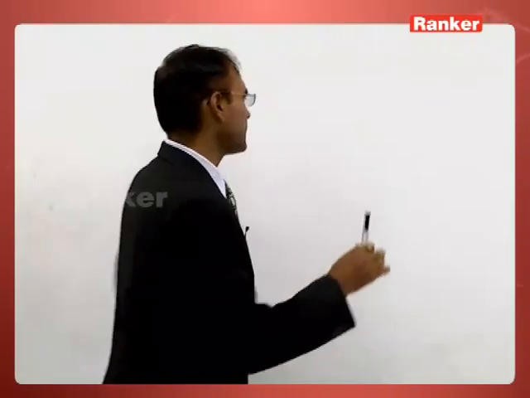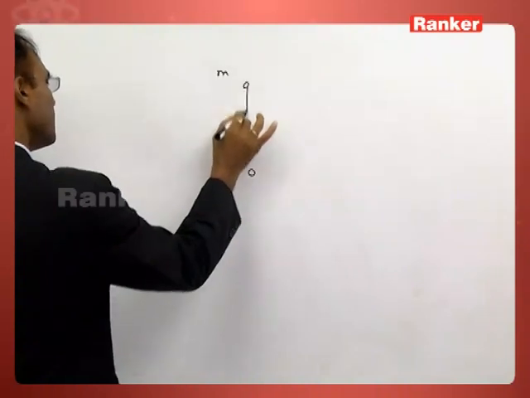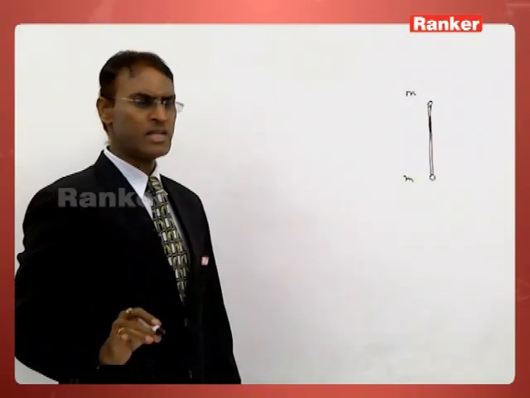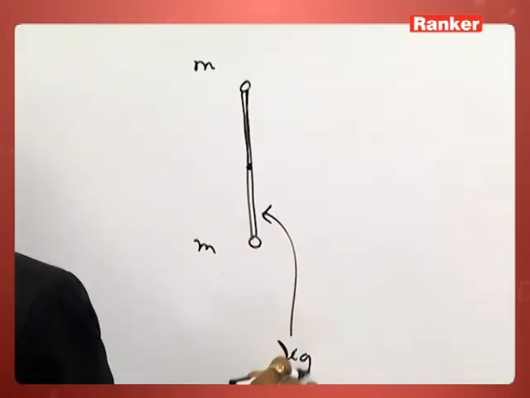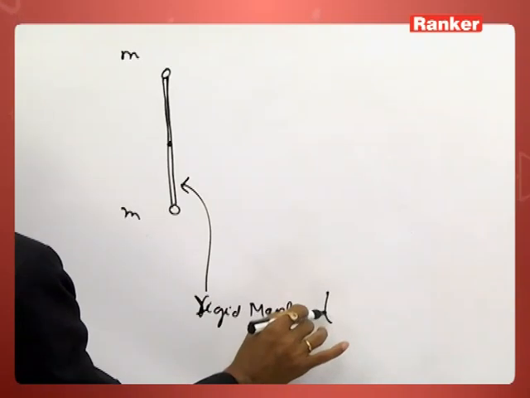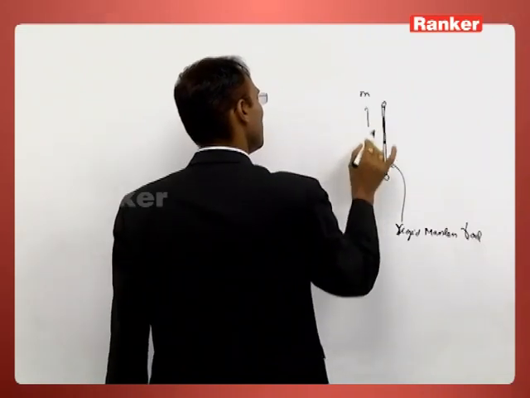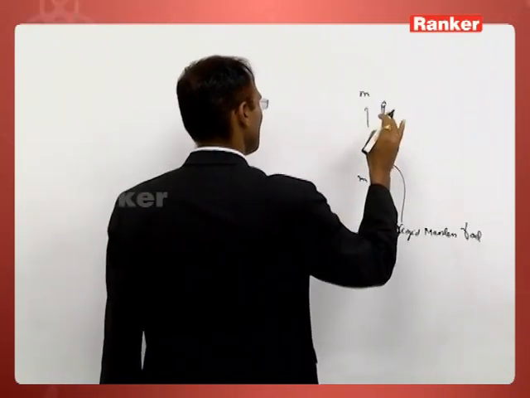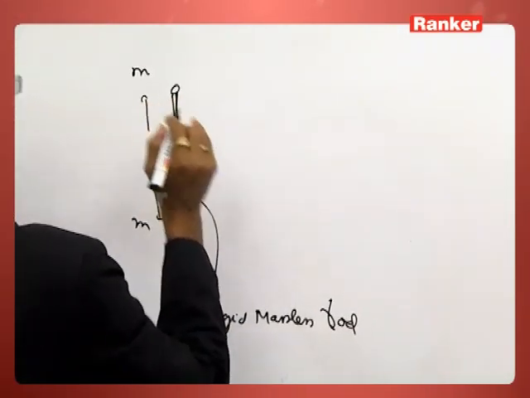Well, let us take this example of two particles connected by a rigid massless rod of length L. Suppose this moves with velocity v.